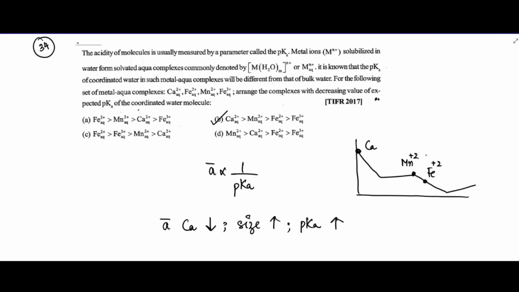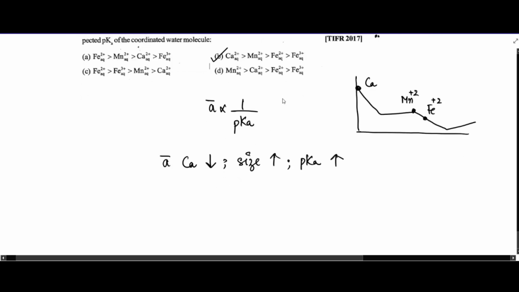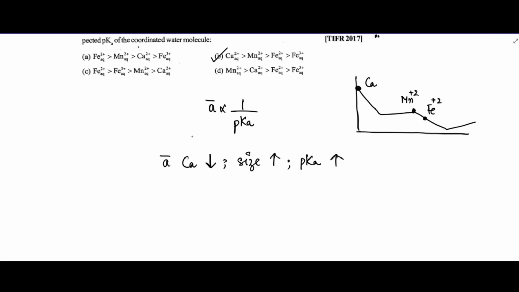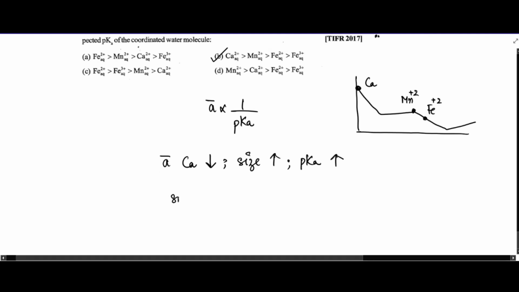ശരിയാവുന്നില്ലേ? Ion plus 2 നെക്കാട്ടും size കുറവായിരിക്കും ion plus 3K. As oxidation state increases, the size decreases. സൈസിന്റെ ഓർഡർ ക്ലിയർ അല്ലേ? ഈ ഡയഗ്രത്തിൽ നിന്ന് കാൽഷ്യം ആണ് ഏറ്റവും വലുതെന്ന് നിങ്ങൾക്ക് മനസ്സിലാവുന്നുണ്ട്. Followed by manganese 2 plus and then iron 2 plus.